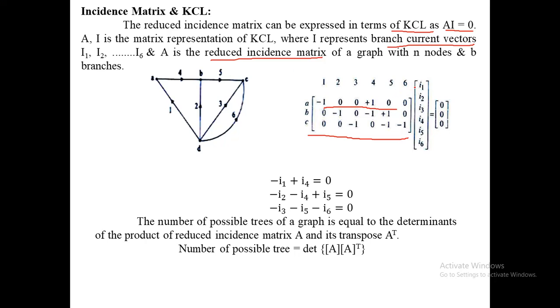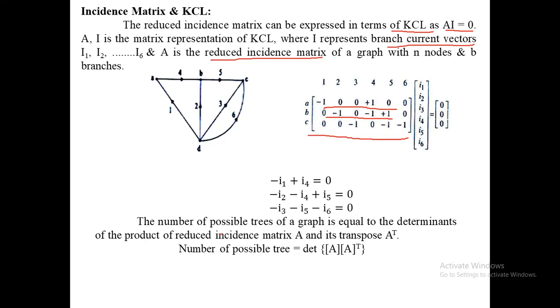We get minus I1, remaining 0, plus I4 equal to 0. Similarly, next row into this column, minus I2 minus I4 plus I5 equal to 0. Similarly, third row into this column, we get minus I3 minus I5 minus I6 equal to 0.